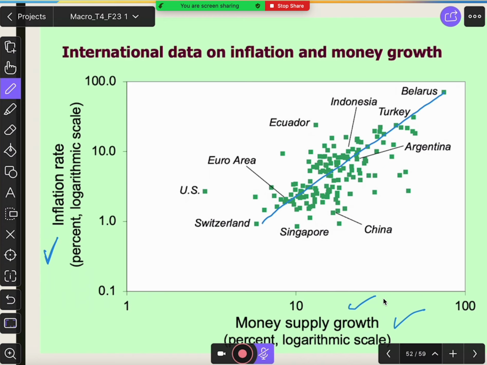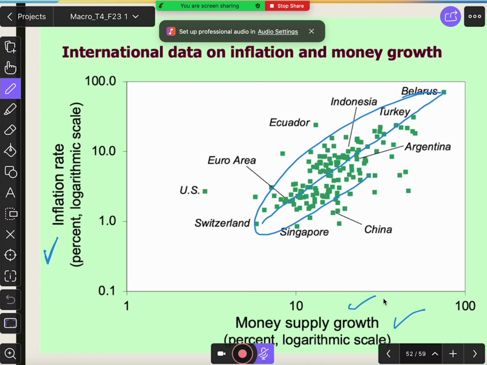But for our course, just looking at these dots and imagining that you can draw a line that passes through them would give us an indication of the range of the data, which looks like a positive relationship.